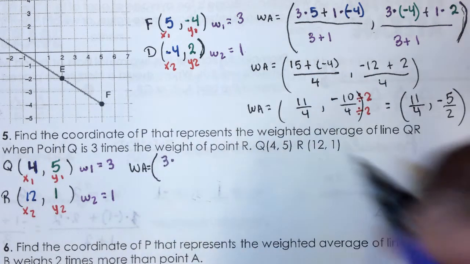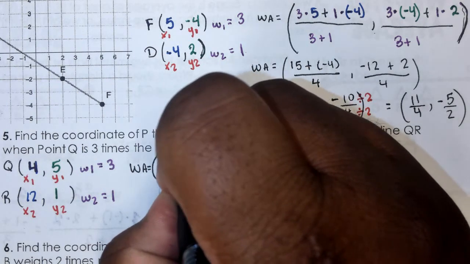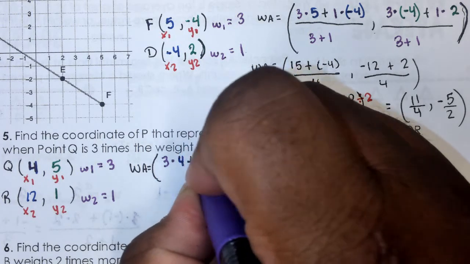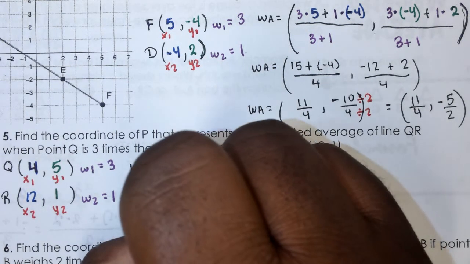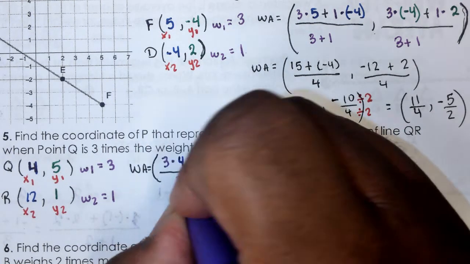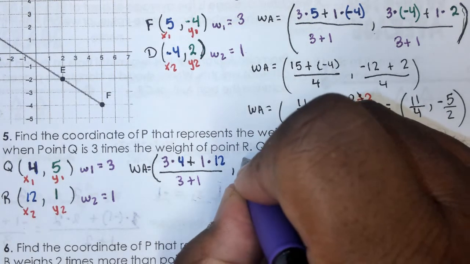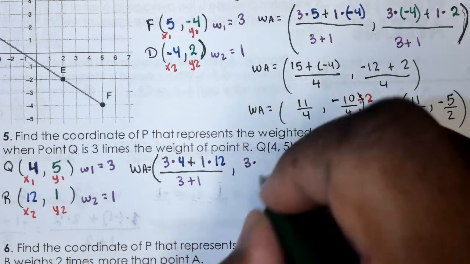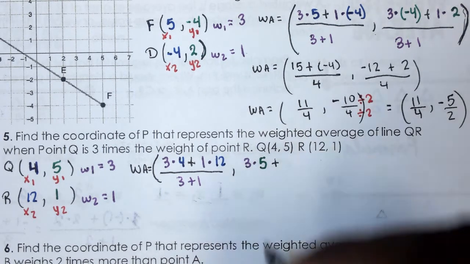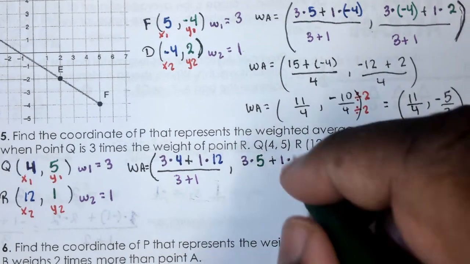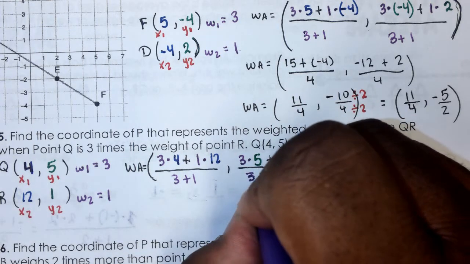So weight 1 times X1 plus weight 2 times X2, divided by my weights added together, comma, weight 1 times Y1 plus weight 2 times Y2, divided by 3 plus 1.